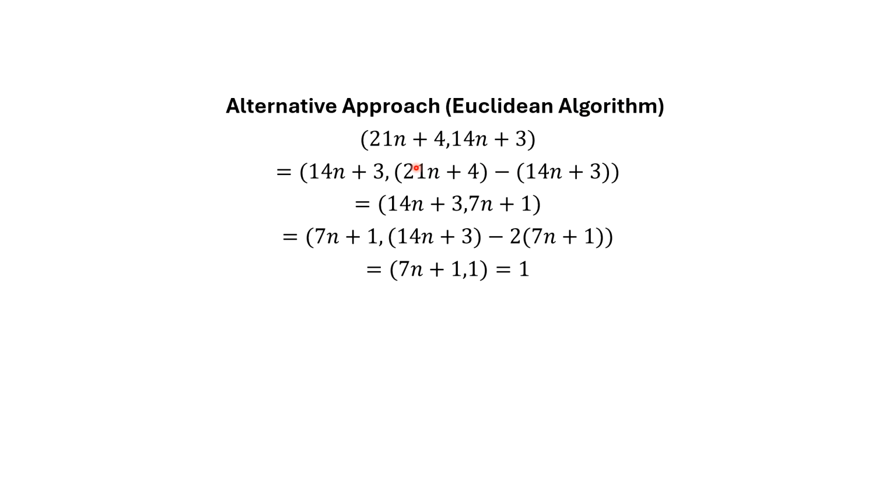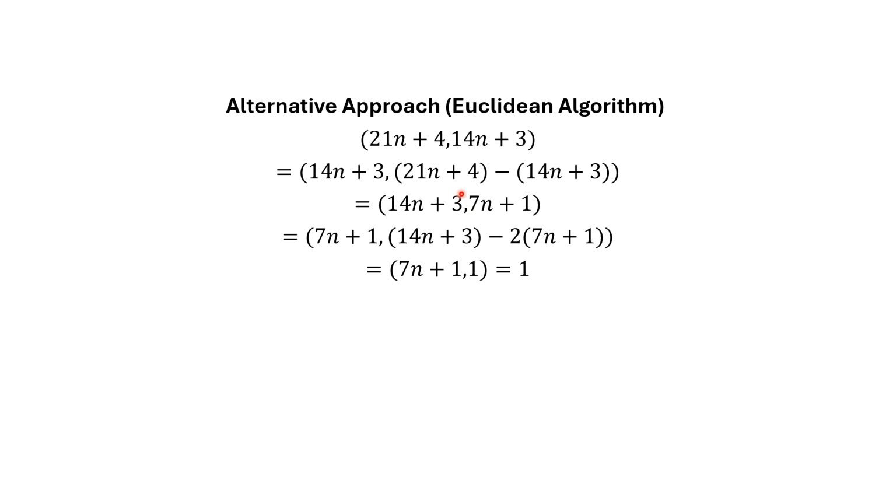If you recall, we take one of the terms, and then we take the other term minus a multiple of the first term, and the two GCDs are the same. So we'll just take minus 1 times this term and subtract it from the first term. When we do that, we get this equals this equals this here, just doing a subtraction.